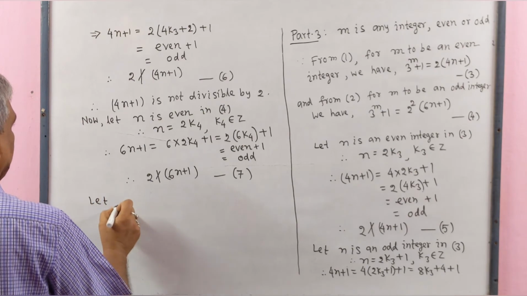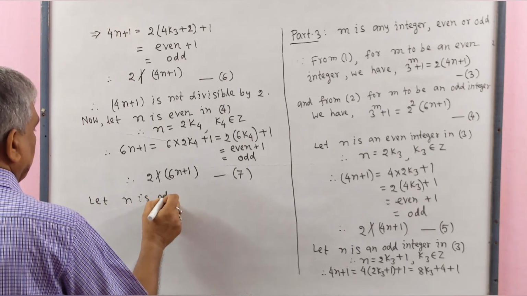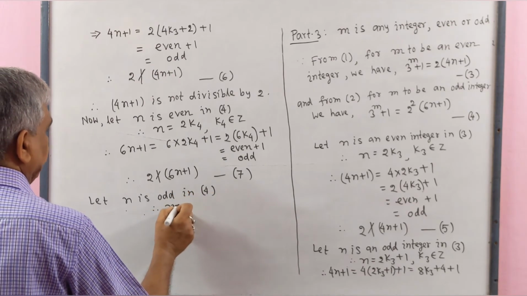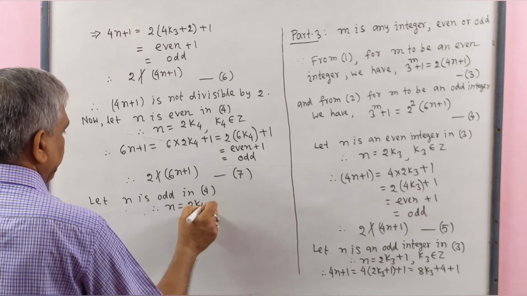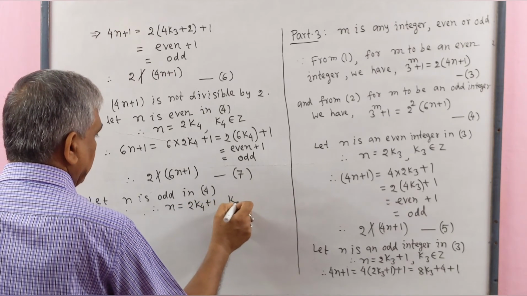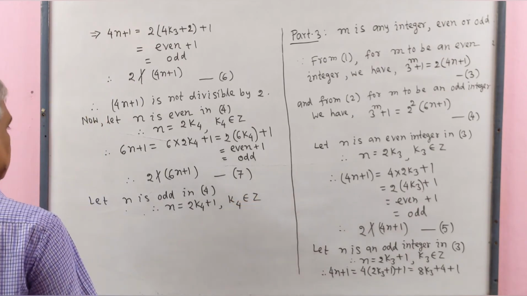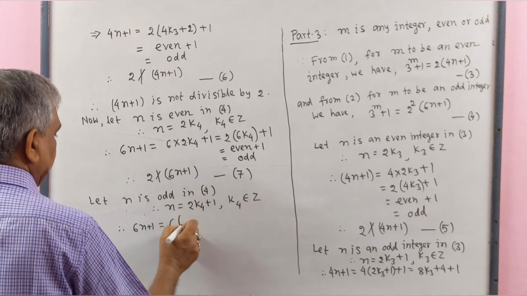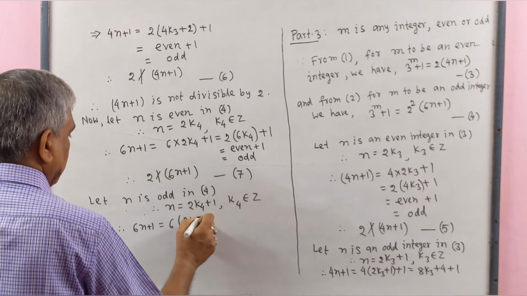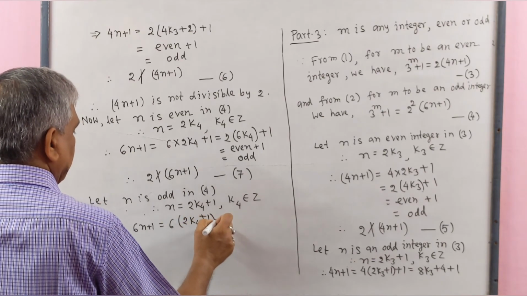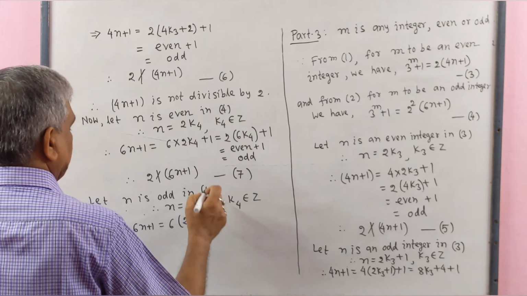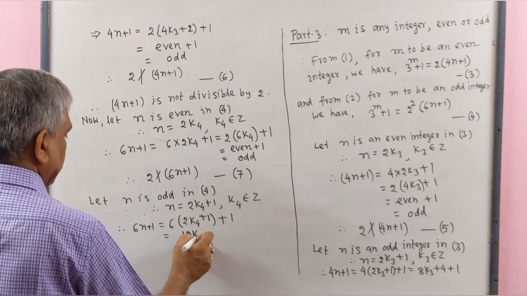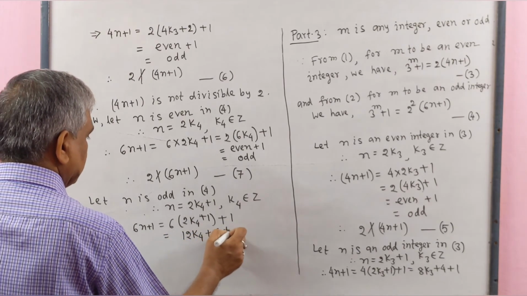Let n be odd in 4. Therefore, n will be of the form 2k4 plus 1, k4 belongs to Z. Therefore, 6n plus 1 equals 6 multiplied by (2k4 plus 1) plus 1. This equals 12k4 plus 6 plus 1.